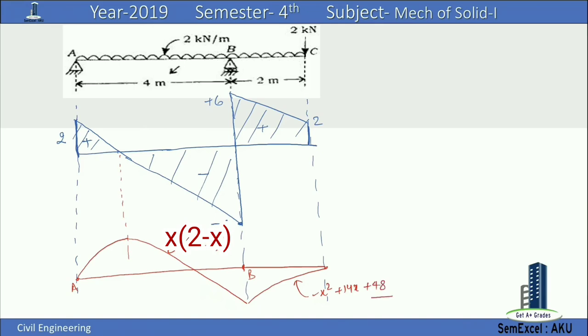Now, what is the maximum value, this value and this value? Maximum positive value, maximum negative value.